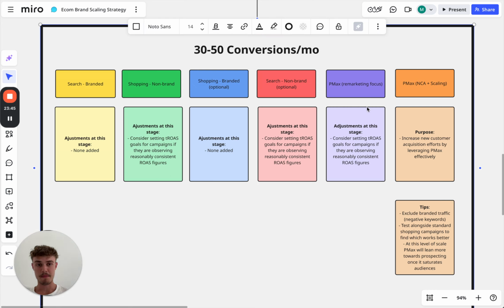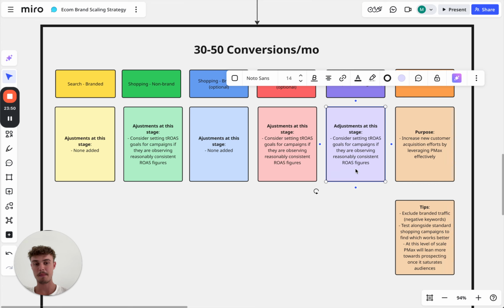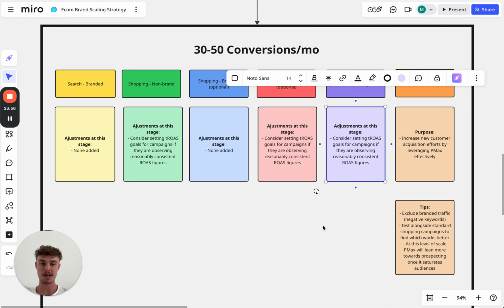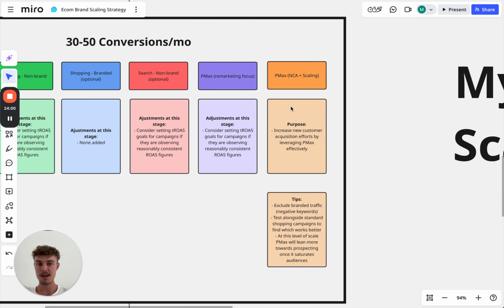Now, the PMAX with a remarketing focus, once again, consider setting a tROAS goal for the campaign if it is observing reasonably consistent ROAS figures. Same thing as our other campaigns here, just adding tROAS, nothing too crazy. And now, one campaign which you could consider adding here is a new customer acquisition and scaling PMAX, right?